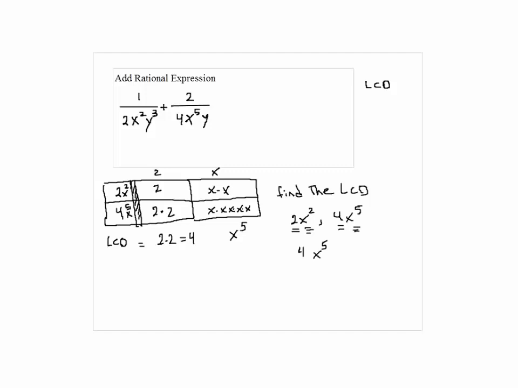So that would be the LCD. Going back to Shanisha, can you tell me what is the LCD between these two terms now? You have 2x to the power of 2 y cubed, 4x to the power of 5 y. You can use your microphone and tell me.